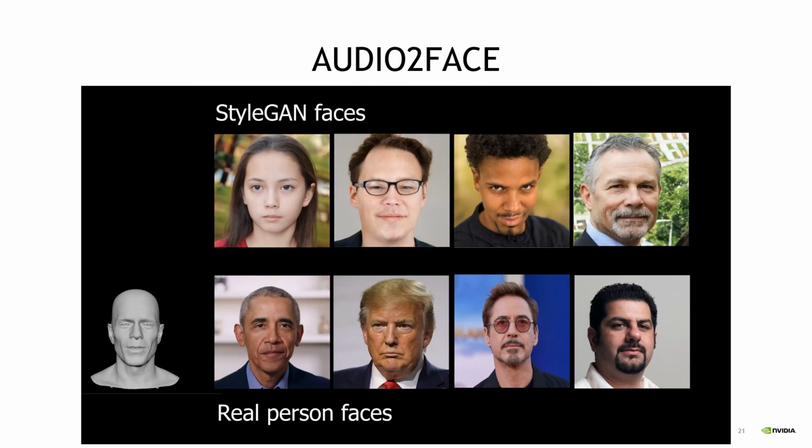I also want to mention that the driving video can also come from a CG rendering. Here we have a CG rendering produced by the Nvidia audio-to-face framework. It produced what we call a digital Mark, speaking something, and we use the motion here through Face-vid2vid to animate StyleGAN faces as well as a couple of real photos.